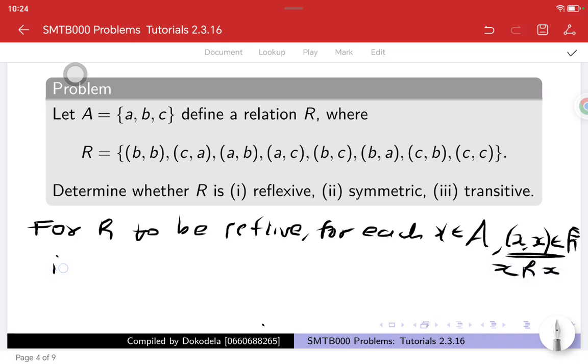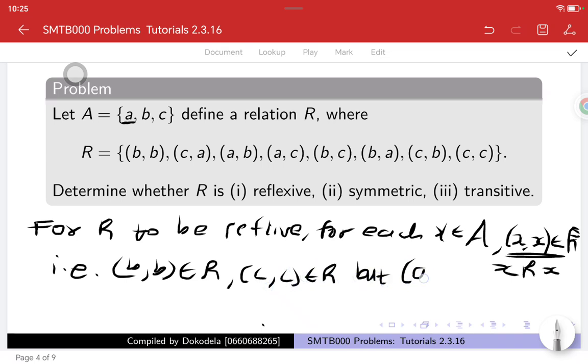So when we come here now, we're going to check. Remember here we have A, B, C. So we must check A, we check B, we check C. When we check A, is there AA in this set? No, it's not there. But we have BB and CC. So BB is an element of R, and also CC is an element of R. But AA is not.